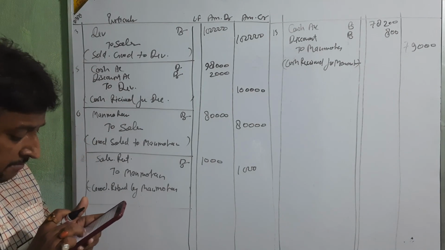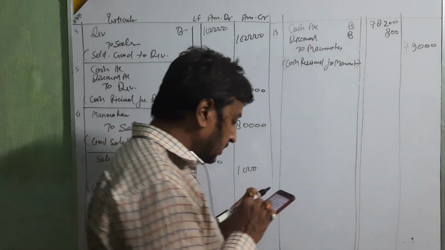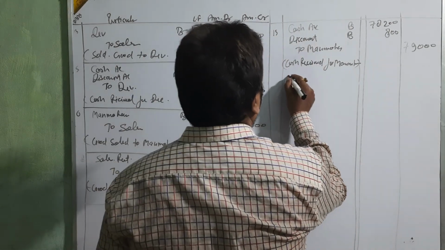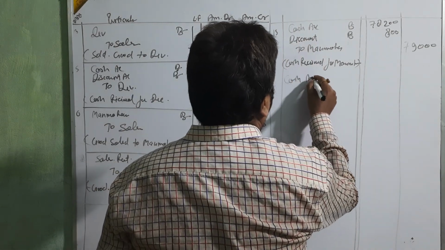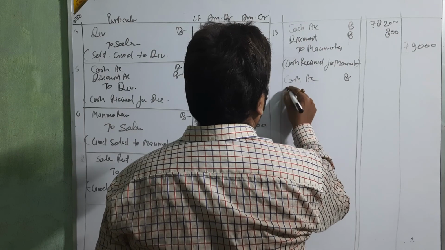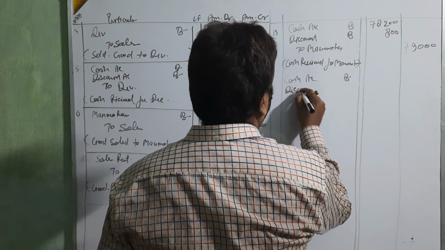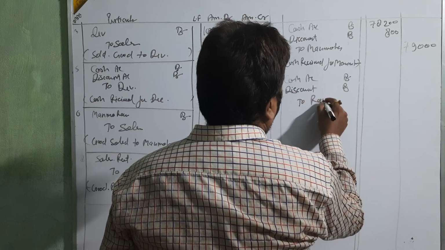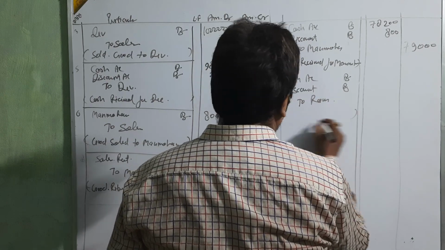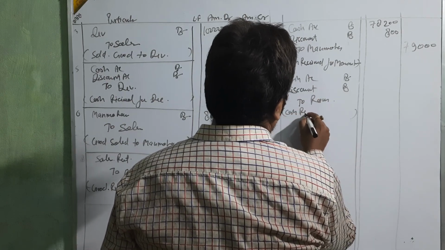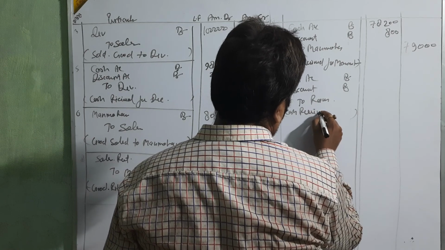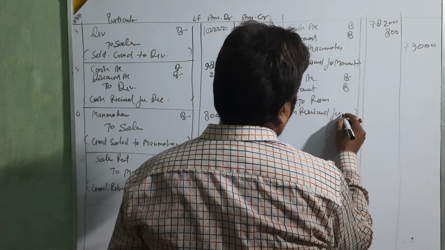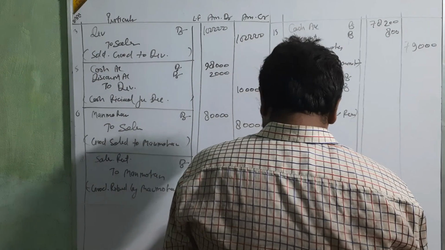received cash from Ram and discount allowed. You are receiving the money, which means cash will debit beta. And you are giving the discount, so discount also debit, and Ram paying money means credit. Cash received from Ram.